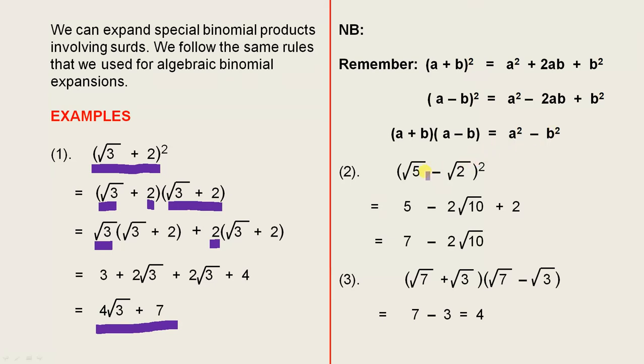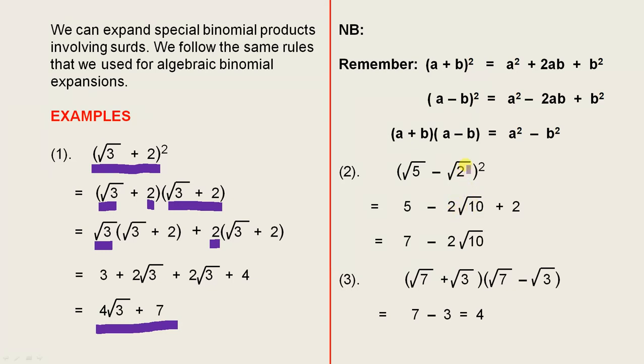So let's expand the square root of 5 minus the square root of 2 all squared using that rule. So we have the first squared, which is a squared, so the square root of 5 all squared is 5, minus twice their product, which is, now their product is the square root of 10, so that's 2 the square root of 10.